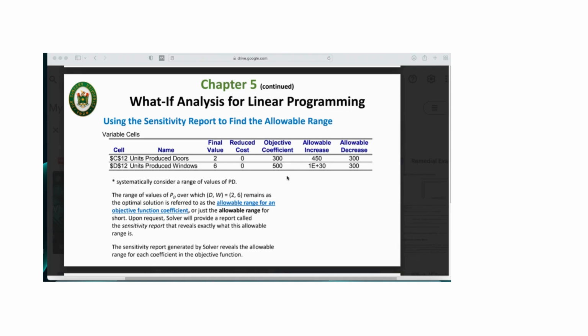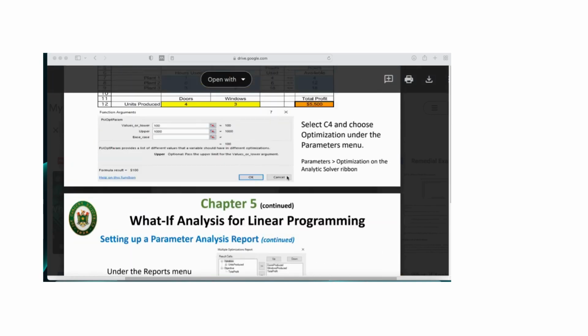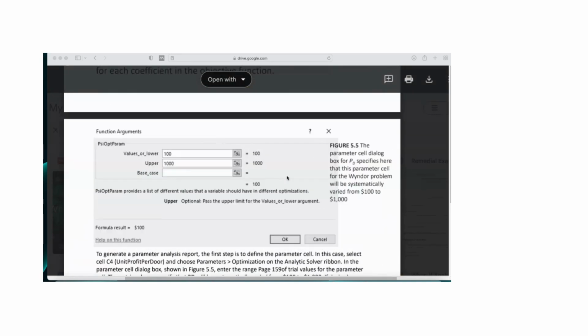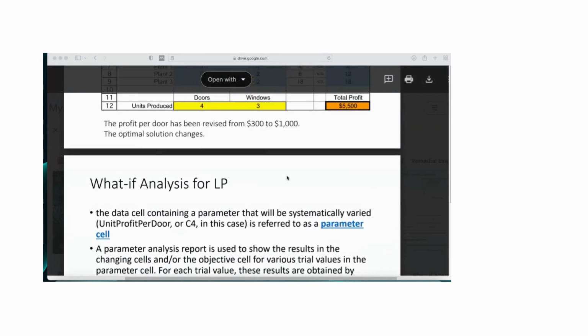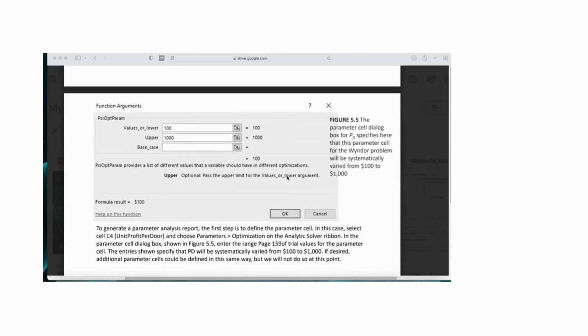Now, going back to our procedure here, I skipped some slides. The slides I skipped are about using Excel to generate the parameter analysis report. What I gave you earlier is the manual sensitivity analysis, by recording the results.